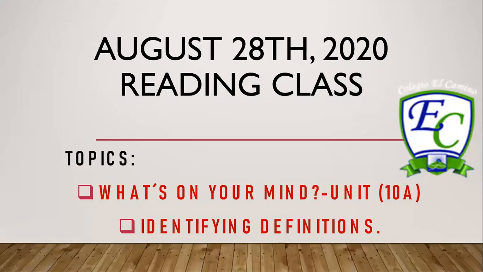I hope you guys have rested enough. And we have two topics. First, the name of this unit, which is: what's on your mind? Interesting question. A lot of scientists have asked this question. What about number two?